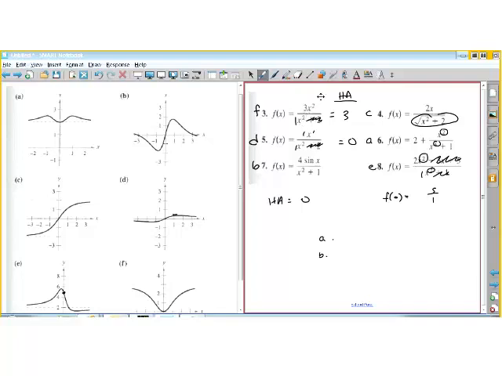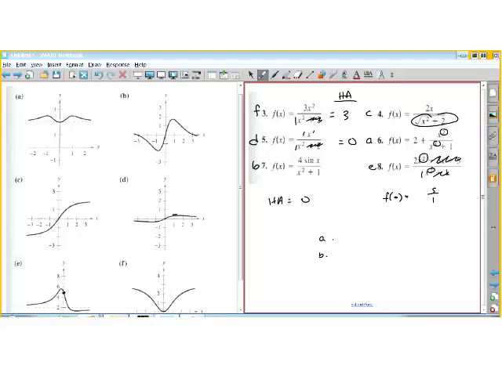So let's review this now that we've gone through it. This has a horizontal asymptote of 3 and a value of the function of 0.